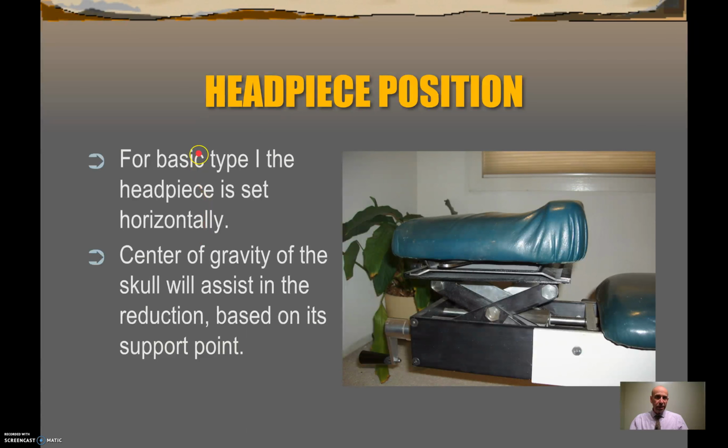So now for headpiece position, for basic type 1, the headpiece is always set so that it is horizontal. The center of gravity of the skull will assist in the reduction based on the support point. So here you can see that this is the square support. So this would be A, B, and C here. But in a type 1, this is level.